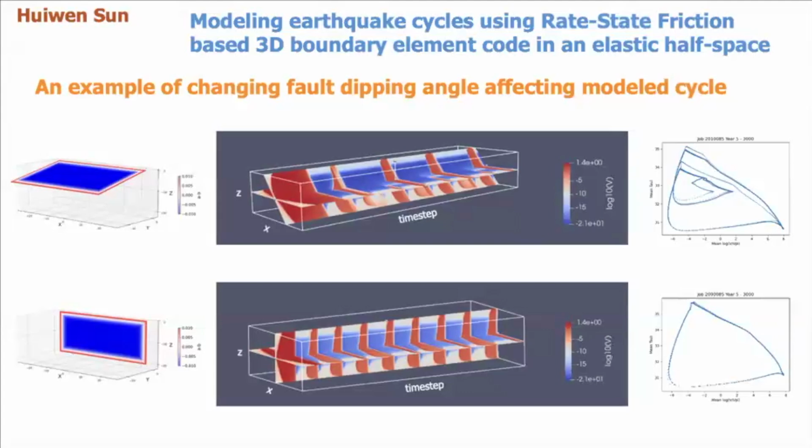You can see that for the dipping fault, you have these alternating big and small rupture patterns, while when you have a vertical fault, things are more regular, both in time and space. And on the right panel are phase space diagrams where you can better visualize the stability of the system.